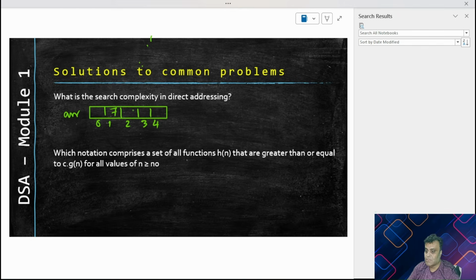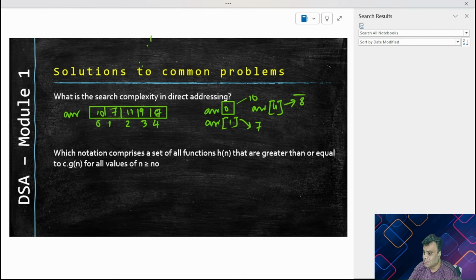If we want to access the element at index location 0, we will say ARR 0. If we want to access the element at location 1, we will say ARR 1. ARR 4 will access the element at location 4. So this will be 8, this will be 10, this will be 7.